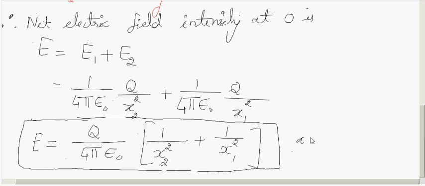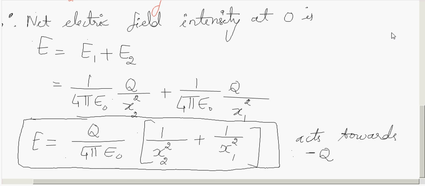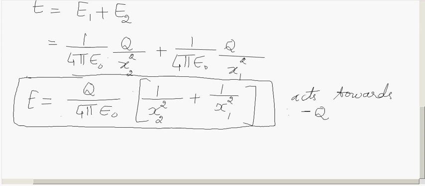The electric field acts towards minus Q, or you can write acting away from plus Q. If you want to mark this on your diagram, we have minus Q here, this is plus Q, and this is origin O. E1, E2, and the net field act along the same direction.